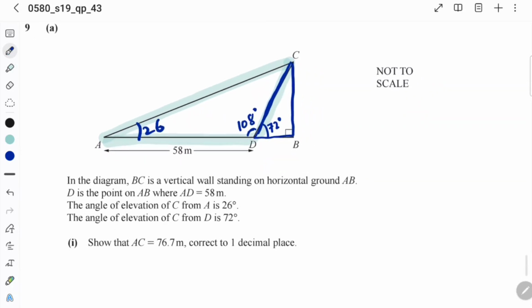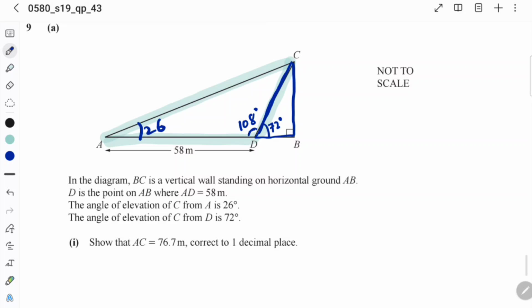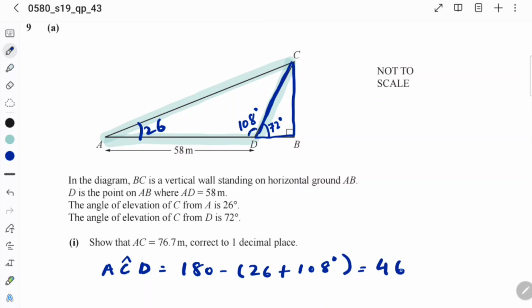Angle C will be 180 minus (26 plus 108) degrees, which is equal to 46 degrees. So this is 46 degrees, and we can calculate the side AC.